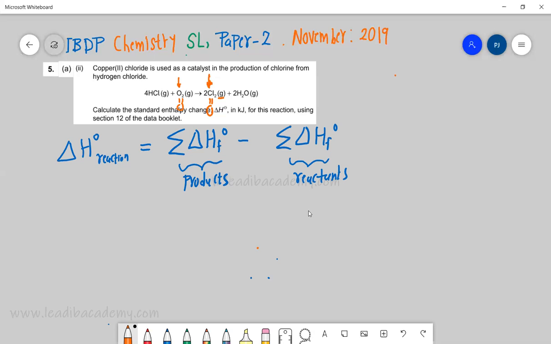So let me mention delta HF naught for O2 and Cl2 is equal to zero. This should be clear, because otherwise you may start looking out for it in the data booklet and then you will get confused because it is not going to be there. Simple. So it means that what is left now is only H2O. So there are two H2O molecules.